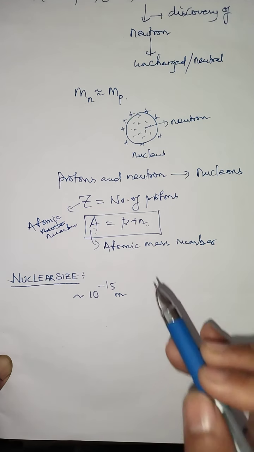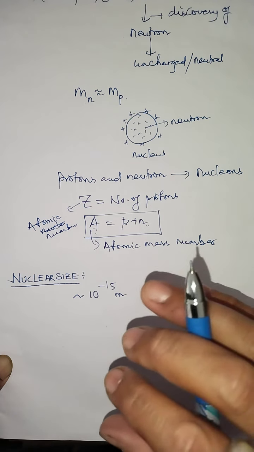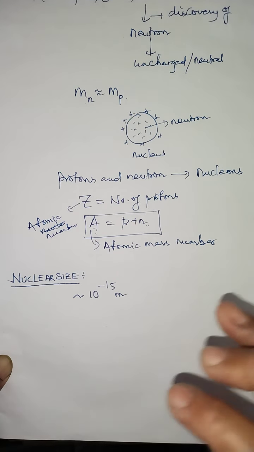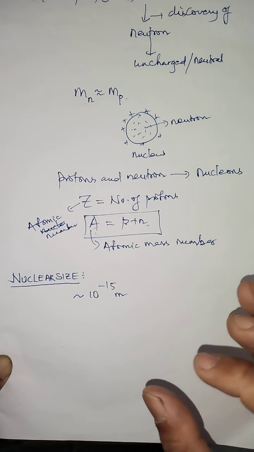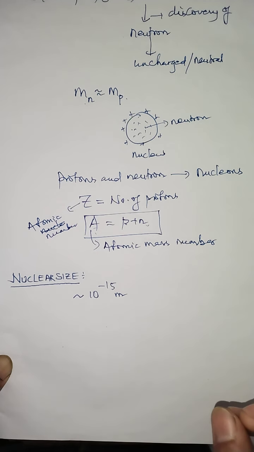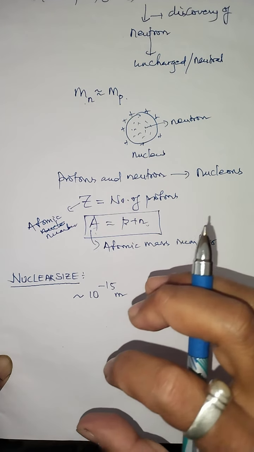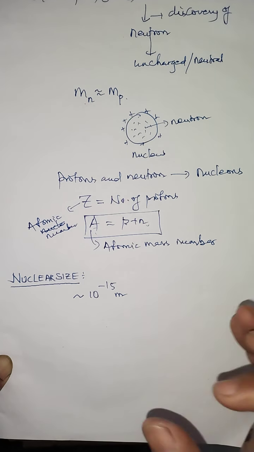You learned in the last video, nucleons means protons and neutrons. These are not the same for all nuclei of atoms. Different nuclei consist of different numbers of protons and neutrons, and these nucleons comprise a certain volume. So the volume of the nucleus is directly proportional to the number of nucleons present in it.